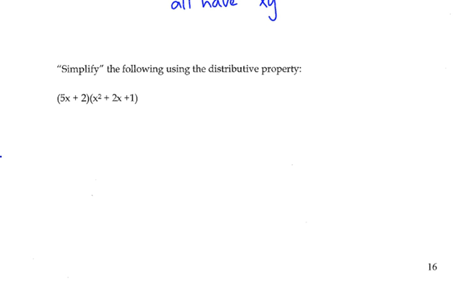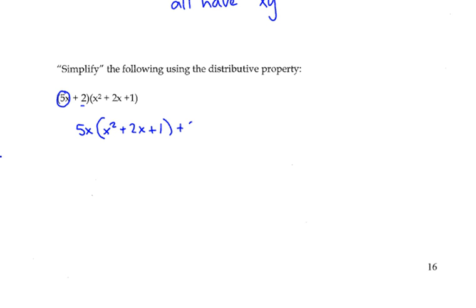So here, let's multiply 5x plus 2 by this trinomial. How would you think we'd set this up? 5x times the bracket, x squared plus 2x plus 1. So first the 5x times that full bracket, and then plus 2.